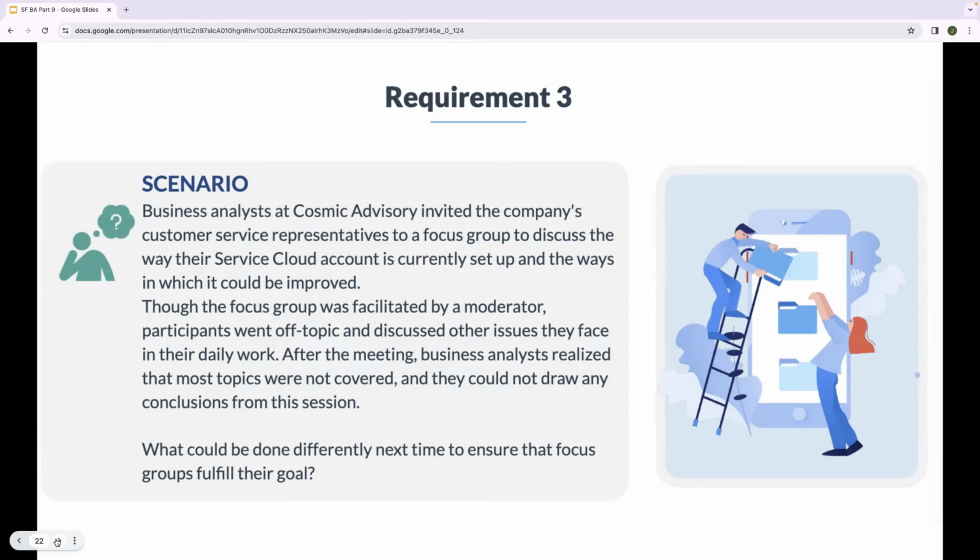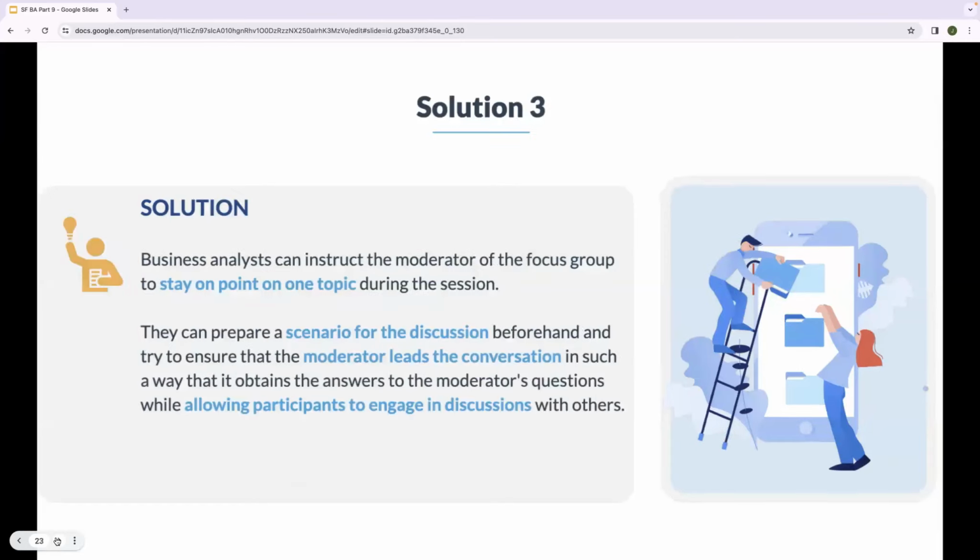Though the focus group was facilitated by a moderator, participants went off topic and discussed other issues they face in their daily work. After the meeting, business analysts realized most topics were not covered and they could not draw any conclusion from the session. What could be done differently next time to ensure that the focus group fulfills its goal?